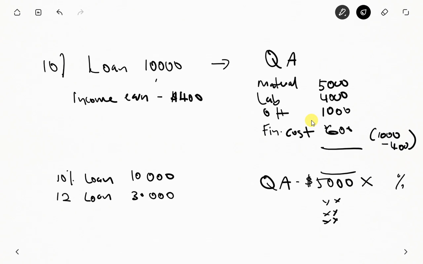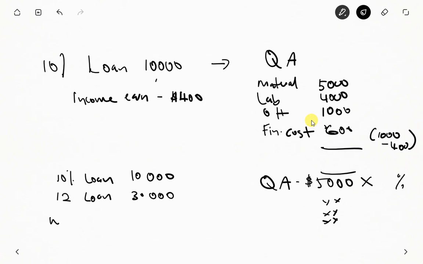The standard says use the average, and the average is the weighted average. If you use the normal simple average, 10 plus 12 divided by 2 is 11, but they say weighted average. So what is weighted average?